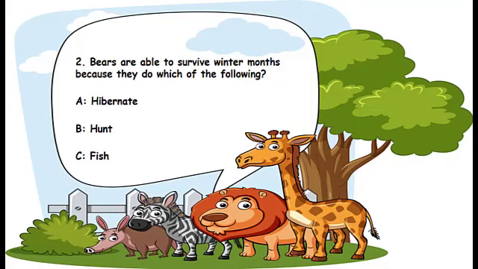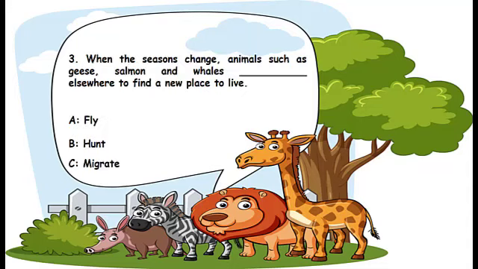Hibernate, hunt, fish. The answer is hibernate. When the seasons change, animals such as geese, salmon, and whales blank elsewhere to find a new place to live. Fly, hunt, migrate. The answer is migrate.